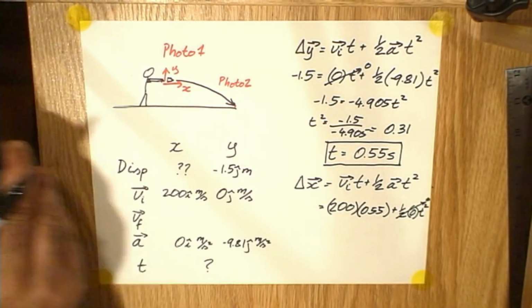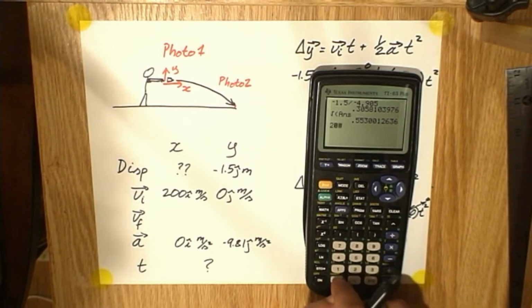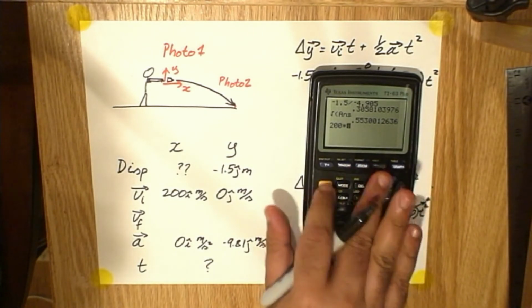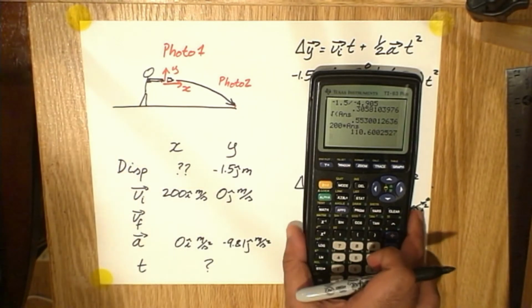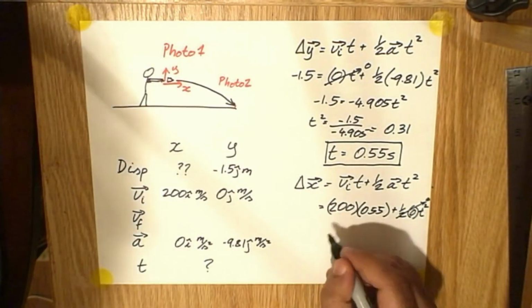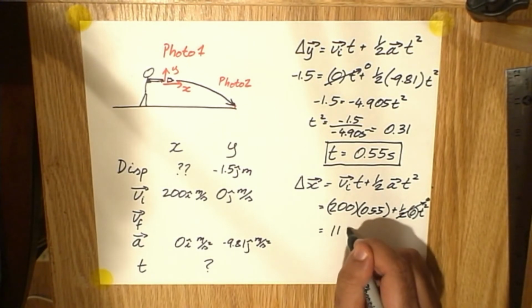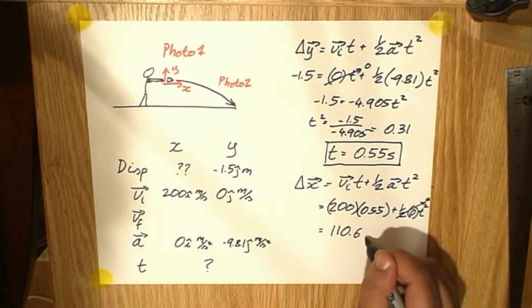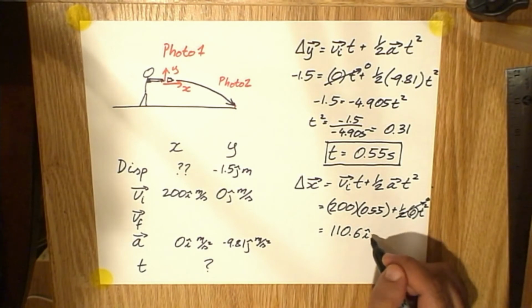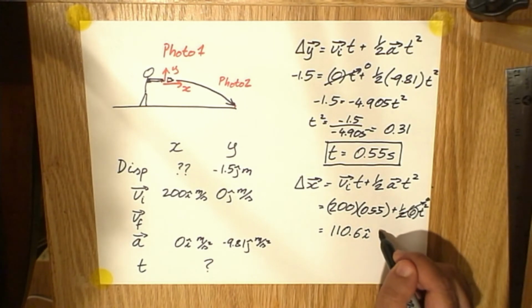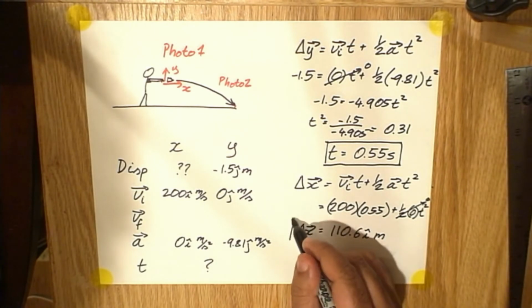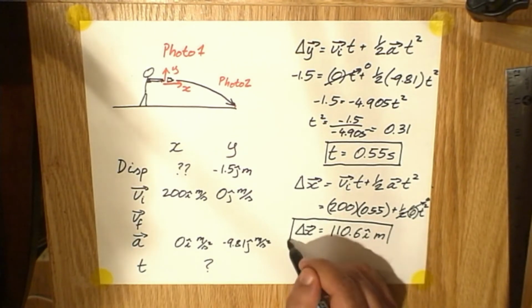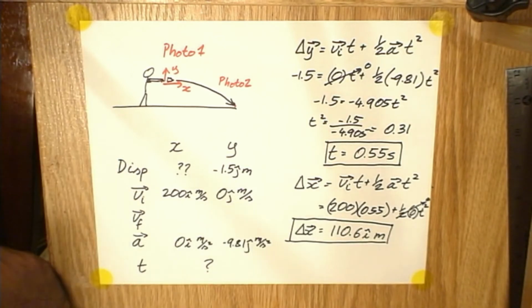So we're going to be left with 200 times 0.55, which is 110. So that is the displacement of the bullet in the horizontal direction, 110 i hat meters. That's how far it travels before it hits the ground.